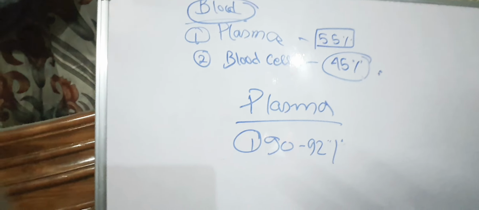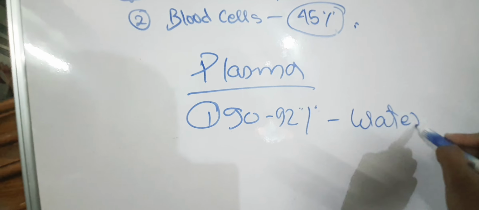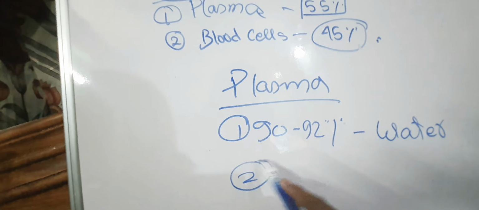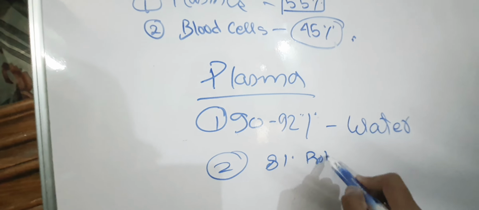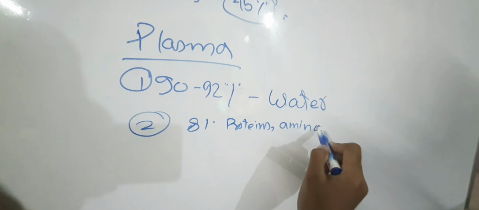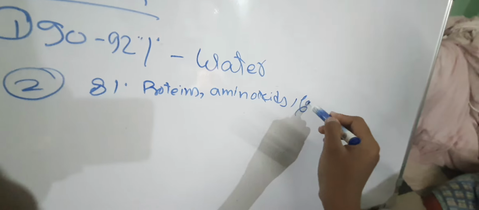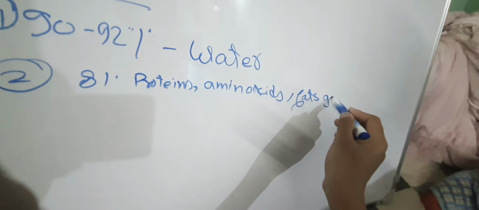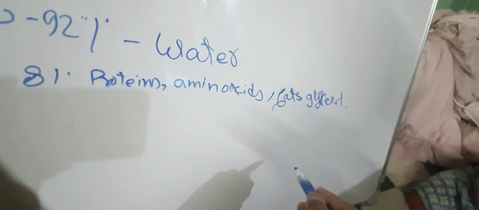Understood? 90 to 92% water makes up plasma, and the rest 8% is protein, amino acids, fats, glycerol, etc. Okay, understood? Take a note.